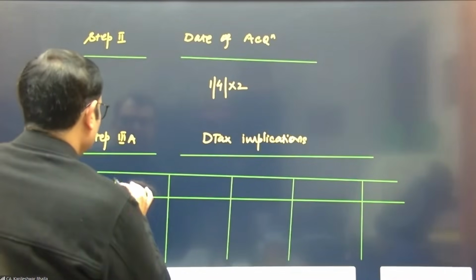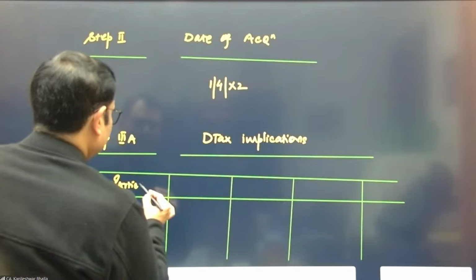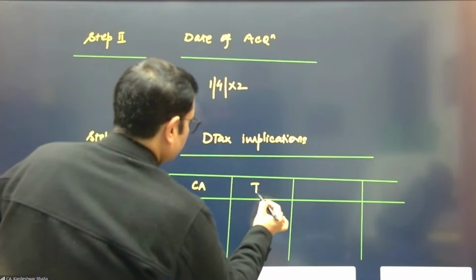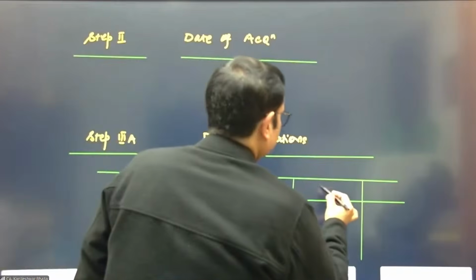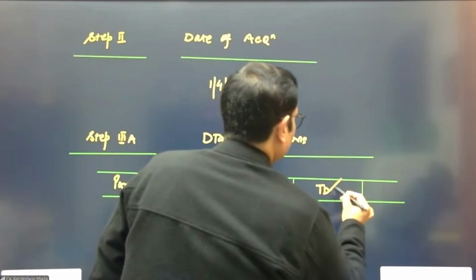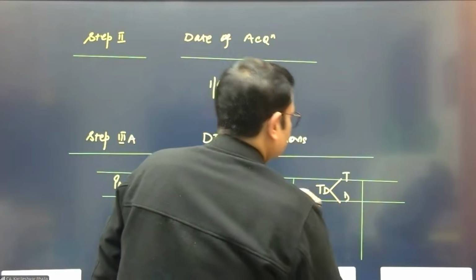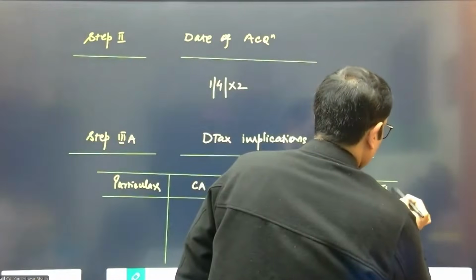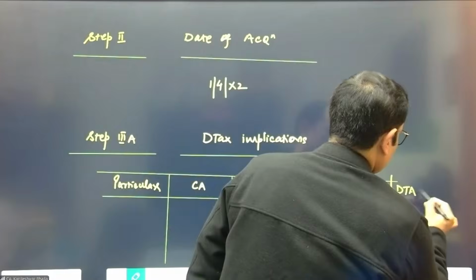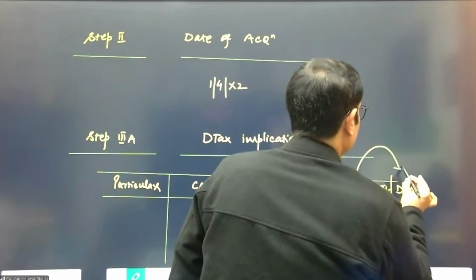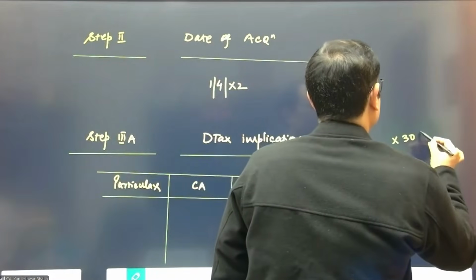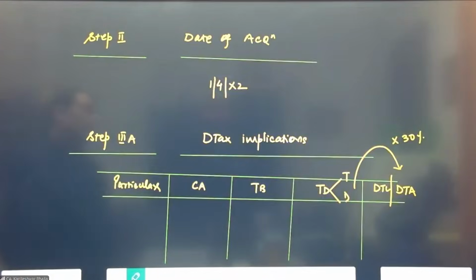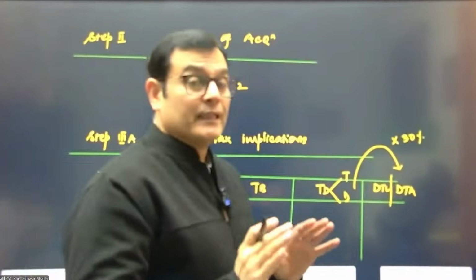So I will first take a column for particulars, getting the name of those assets and liabilities, get the carrying amount, get the tax base, get the temporary differences, identify whether it is taxable or deductible in nature, and get the DTL or the DTA as the case may be, applying the 30% tax rate which is given in the question. Okay, so now let's go back to the question. Look at the list.